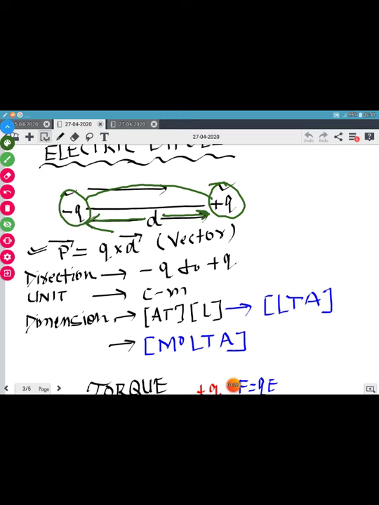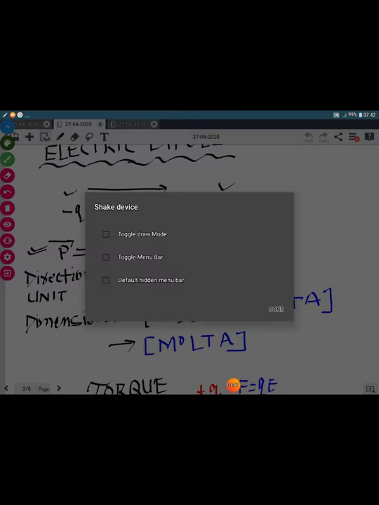So this system, the system of two equal and opposite charges which are separated by distance or displacement d, is called electric dipole.